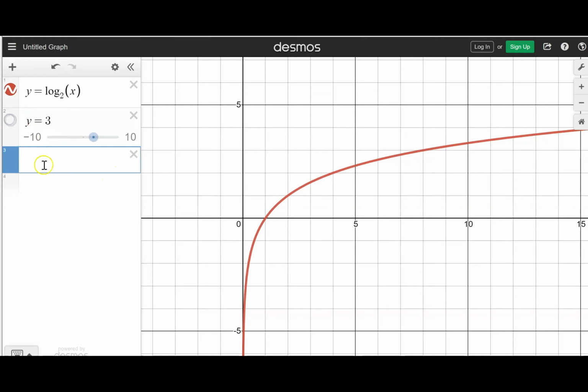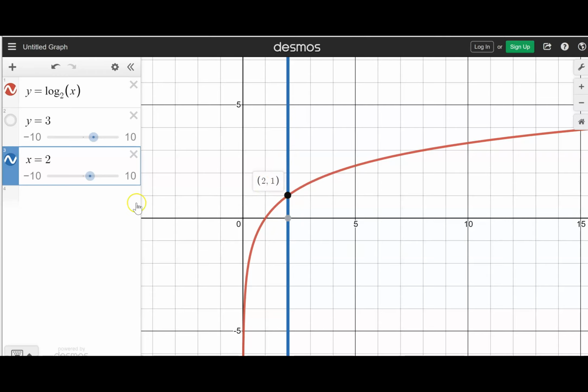Similarly, if I pick an x value, maybe x equals 2, then that vertical line would only hit the graph one time, meaning there would be only one y value for that input. Each unique input would have a unique output. There's only one y value that goes with an x value of 2.